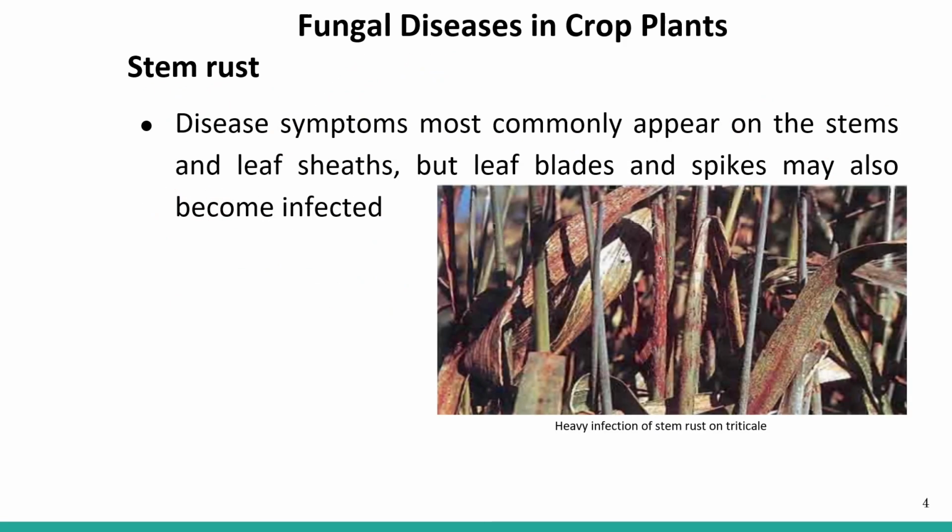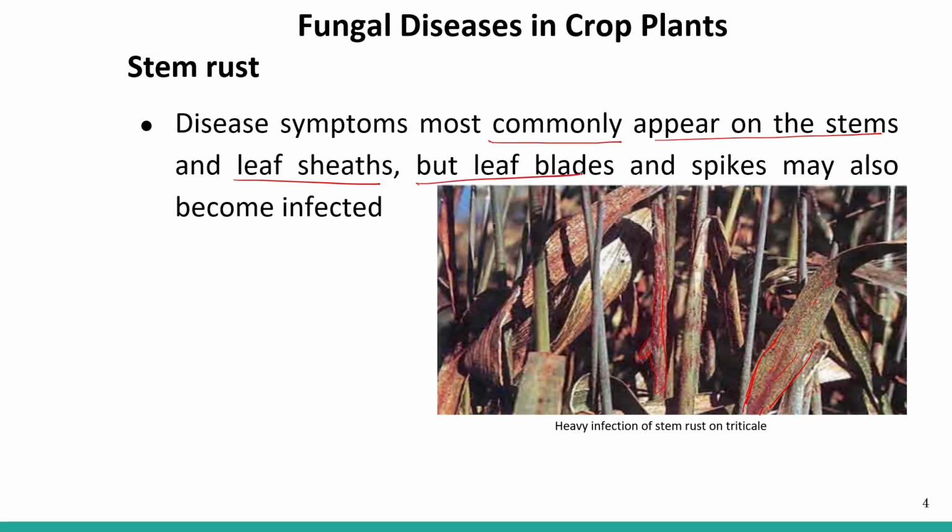Here you can see the red color pustules on the stem and also scattered on the leaves. Disease symptoms mostly and commonly appear on the stems and leaf sheath. Here this is the sheath region, below, that gets attached to the stem.